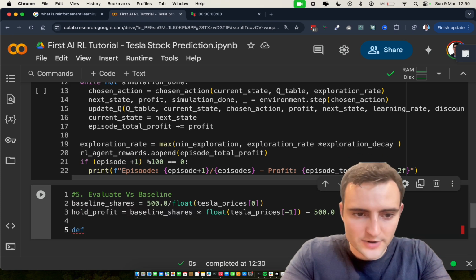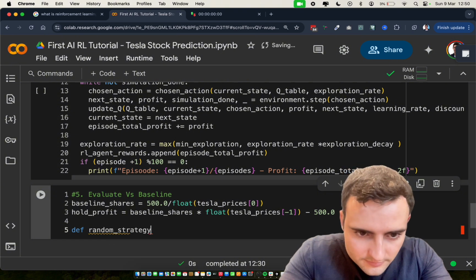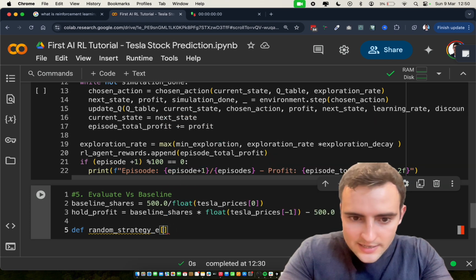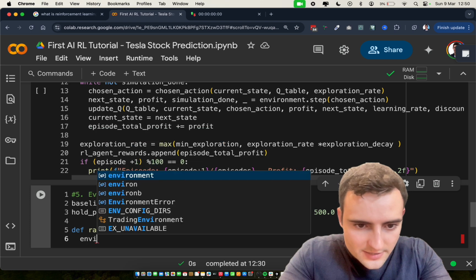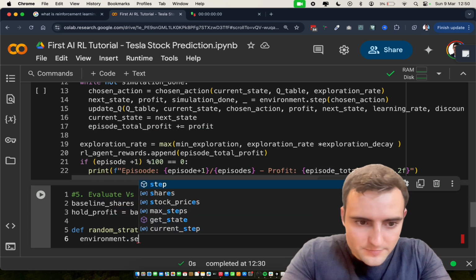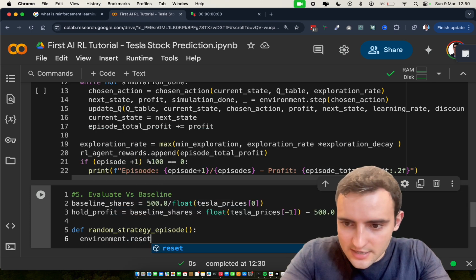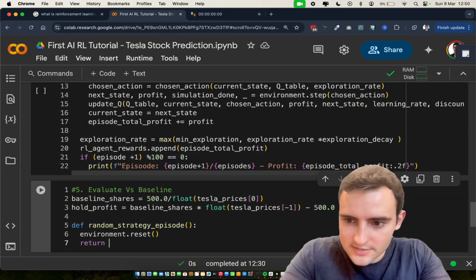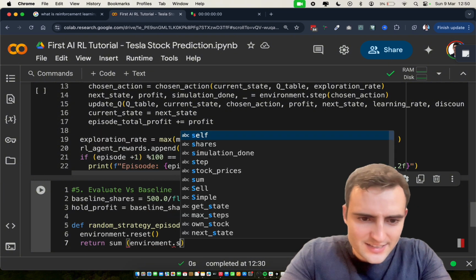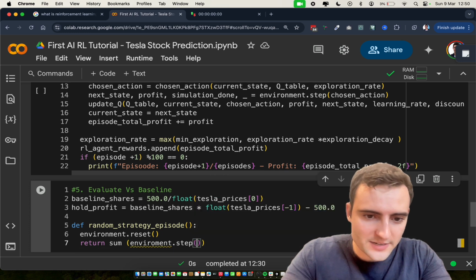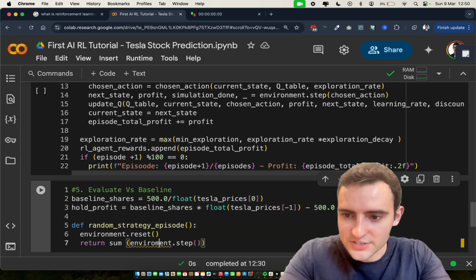But what if I do like a random strategy, right? Let's compare this to like random_strategy_episode. And the way I do this is environment.reset. So I reset everything and I return the sum of the environment.step. But instead of like learning or doing anything, what I'm going to do is I'm going to take a random action every time, right?